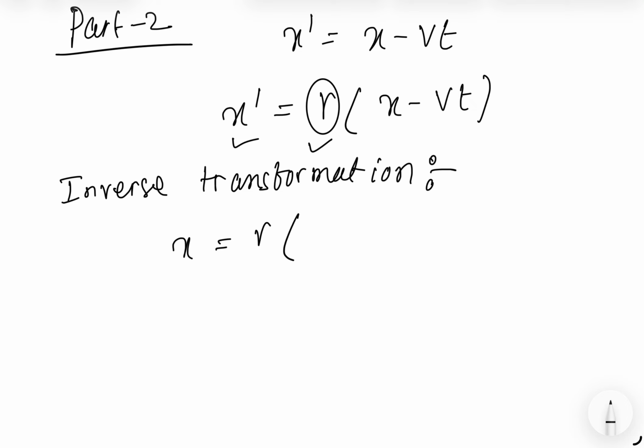Then x will be gamma times x dash, minus becomes plus. Now v is constant, uniform velocity. We have already discussed that S dash is moving with uniform velocity v, so that remains the same. And now t becomes t dash. So this is the inverse transformation we are writing for x in terms of x dash.